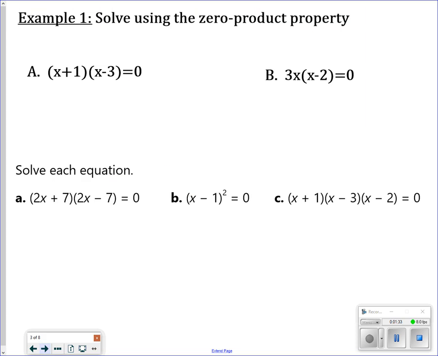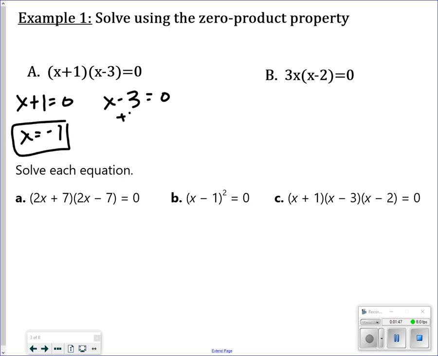Anytime you have factored form, and the factors are being multiplied together, like the factor x plus 1 being multiplied by the factor x minus 3, set the factors equal to 0 and solve. What that means is you put -1 into the problem, that causes the first factor to be 0, and 0 times anything is 0.